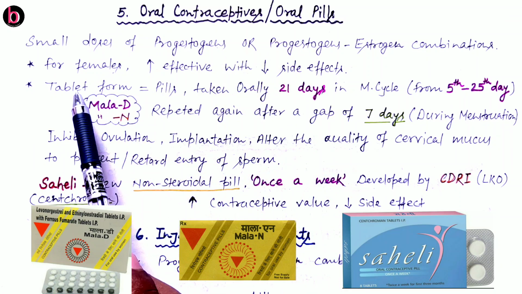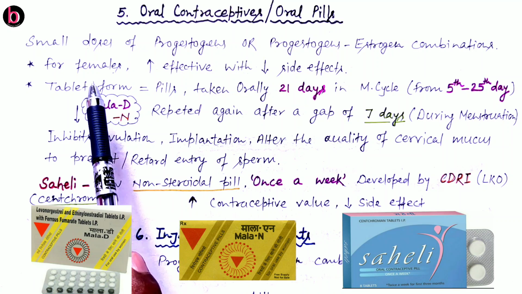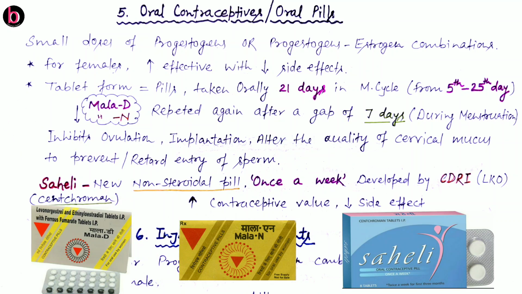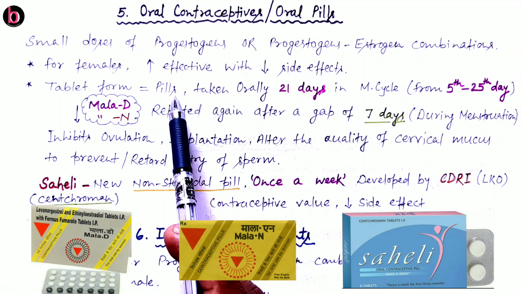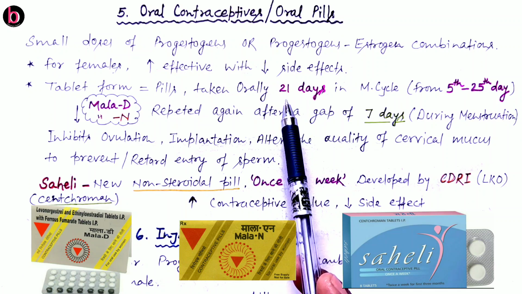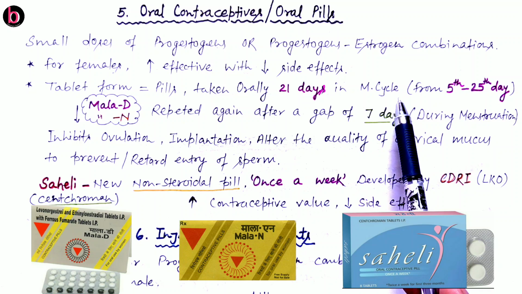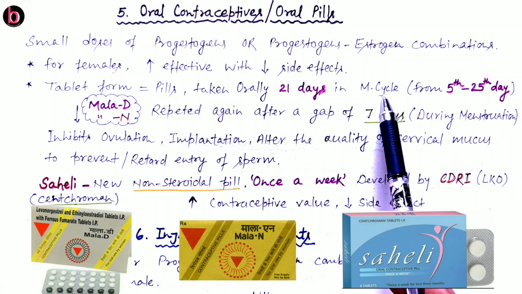These oral contraceptives are available in the market in tablet form, and are popularly known as pills. These pills are taken by a female who doesn't want pregnancy, for 21 days in the menstrual cycle. As we discussed, the menstrual cycle is of 28 to 29 days.